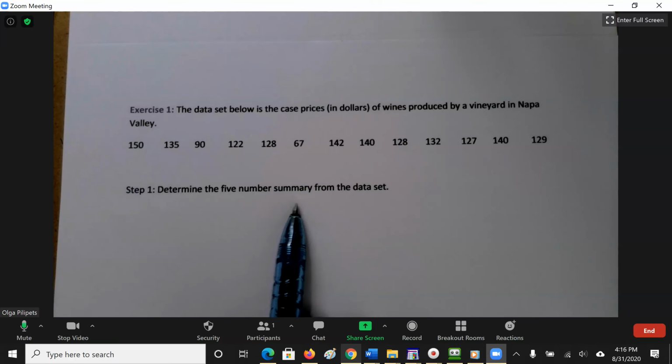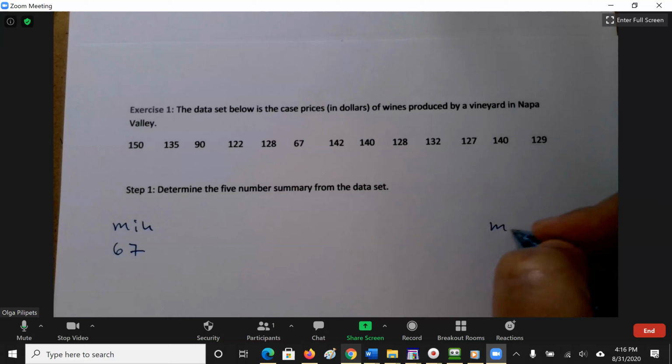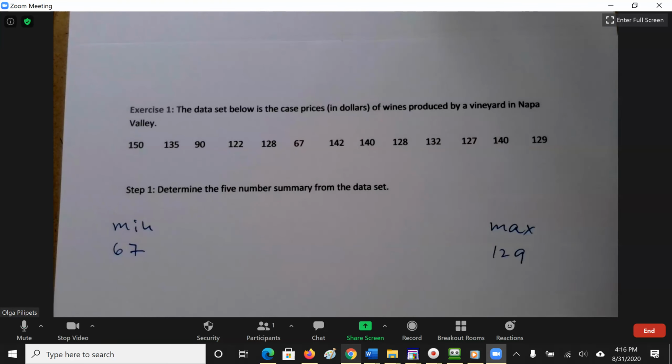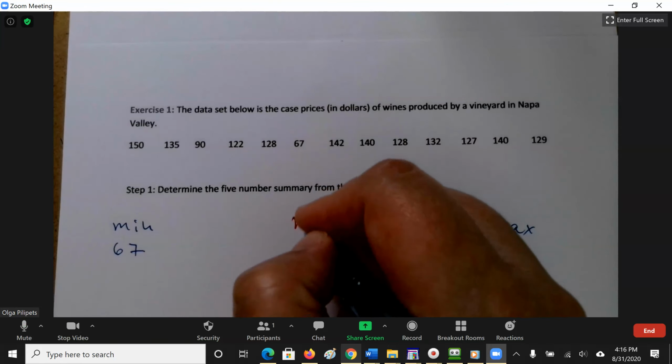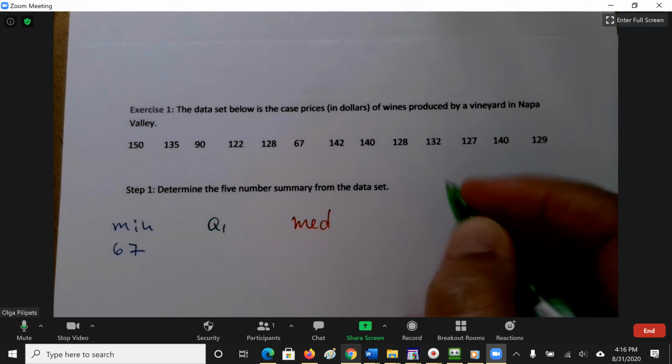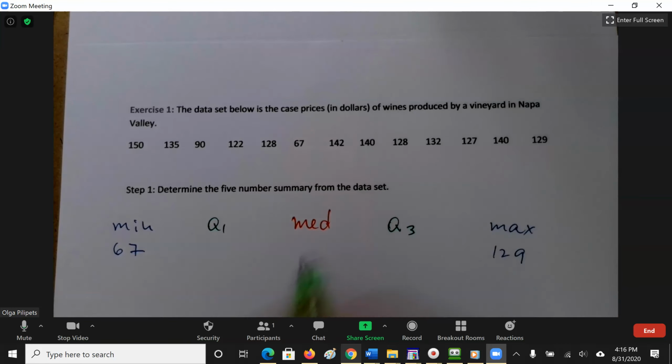But while we're at it, we could find a 5-number summary as well. So as we mentioned, for the 5-number summary, you need the minimum value, which in this case is 67, and the maximum value, which is 129. And then we need a median value, and we need quartile 1 and quartile 3.